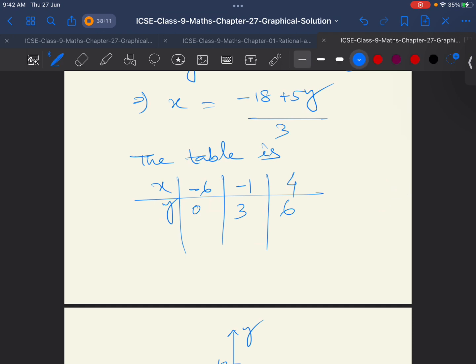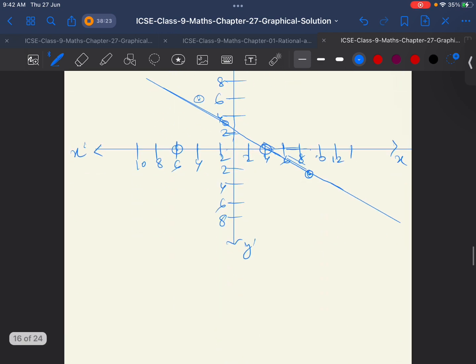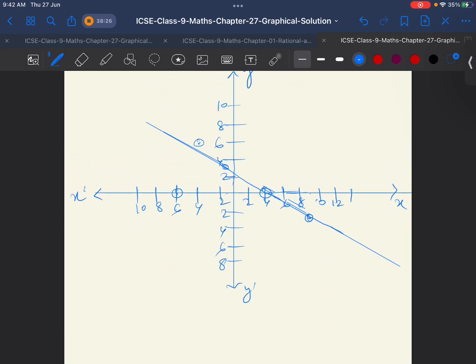Sorry, for 6, the point (4, 6) and the point (-6, 0) is here. The point (-1, 3) is here. The point (4, 6) is here.